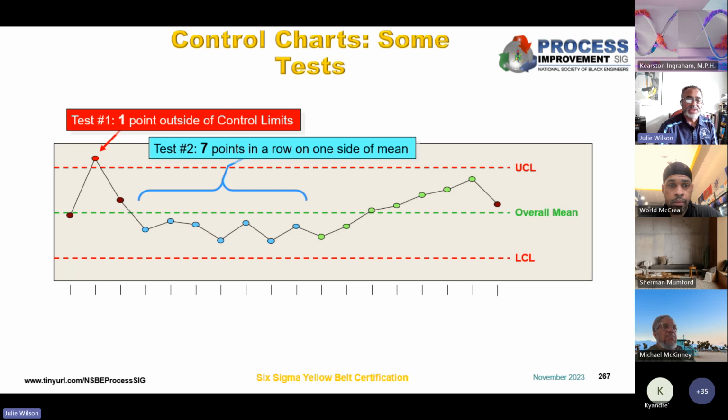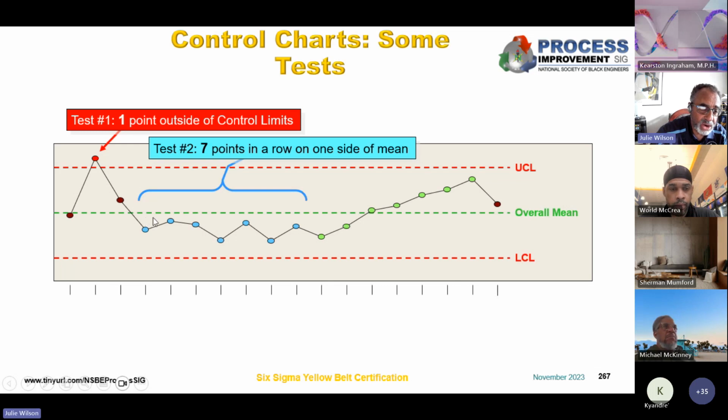Test number 2 is kind of interesting. It says 7 points in a row on one side of the mean. Now, some people may look at the blue dots and say, this process looks very stable. The problem with this is that if this green line represents your mean, you would expect a process to have values above and below average.